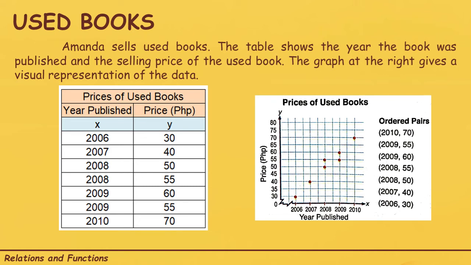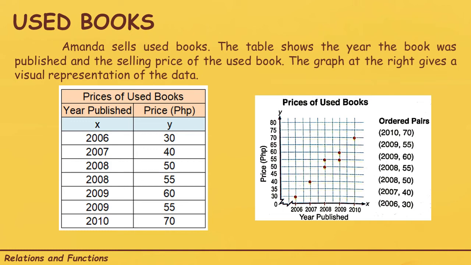So makikita natin dito, nung 2006, 30 pesos ang ating presyo ng used book. Nakaplot yan, kita natin yung point ng 2006, 30. That is on year 2006.